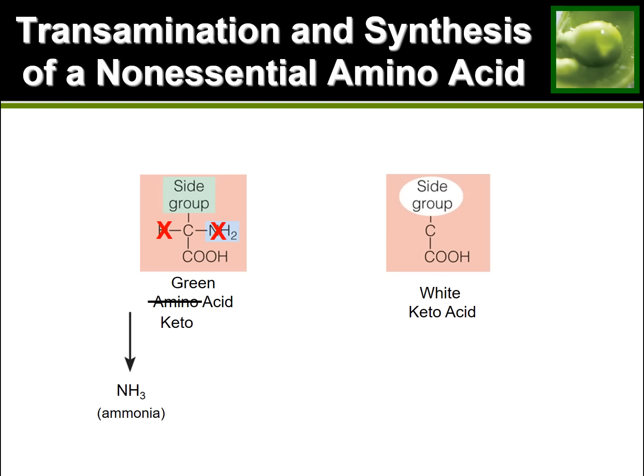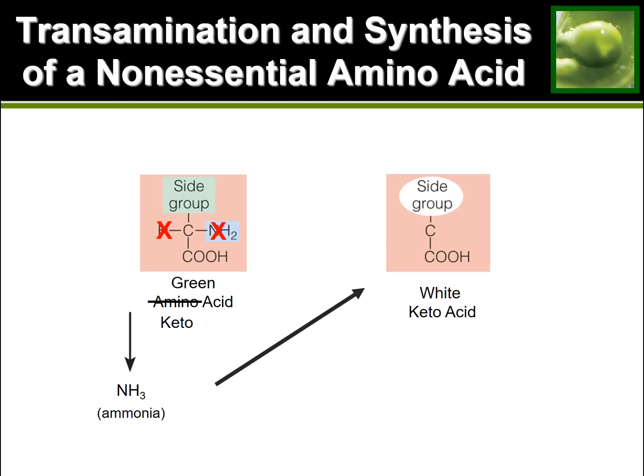Now, in this case, we deaminated because we wanted that ammonia. We wanted that amine group because we wanted to use it to build our white amino acid. So we don't want to convert it to urea. We don't want to kick it out of our body. So we're not going to do that process. Instead, we're going to hold on to the ammonia and we're actually going to transfer it over to our keto acid.